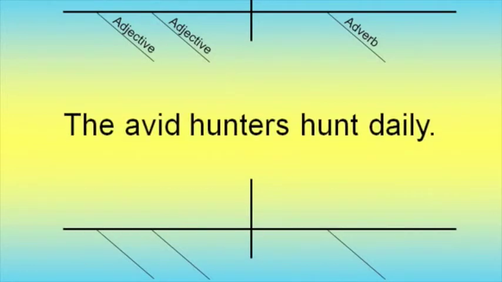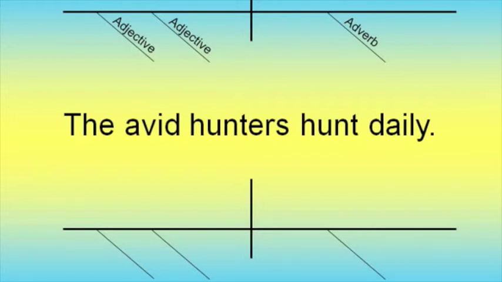So if I give you the sentence, the avid hunters hunt daily, what you need to do is figure out what is the subject and what is the verb. Now we have some extra words in this sentence. So if you're having trouble finding the subject, an easy thing that you can do is find the verb first.